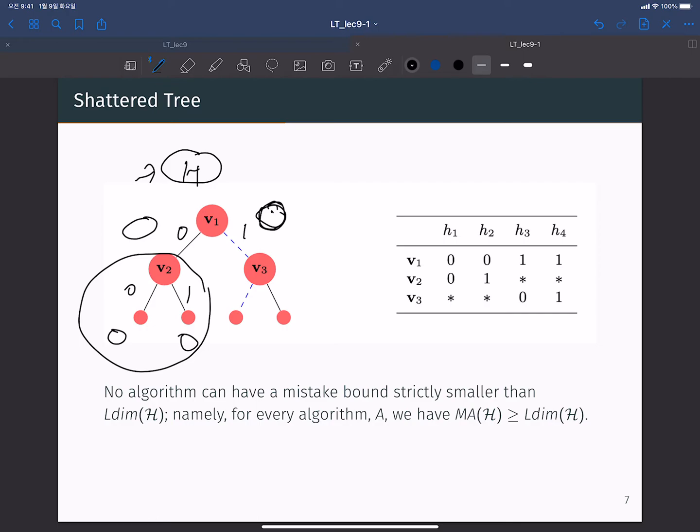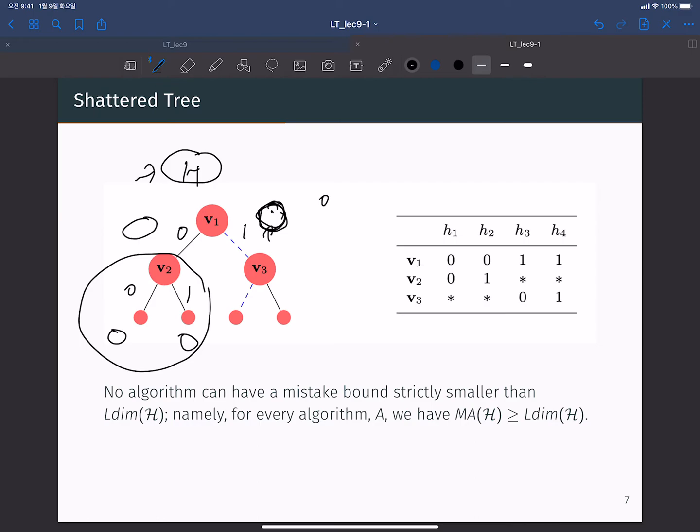It is totally okay. All hypotheses belonging to this subset can have output 0 for instance v2. It is absolutely fine.